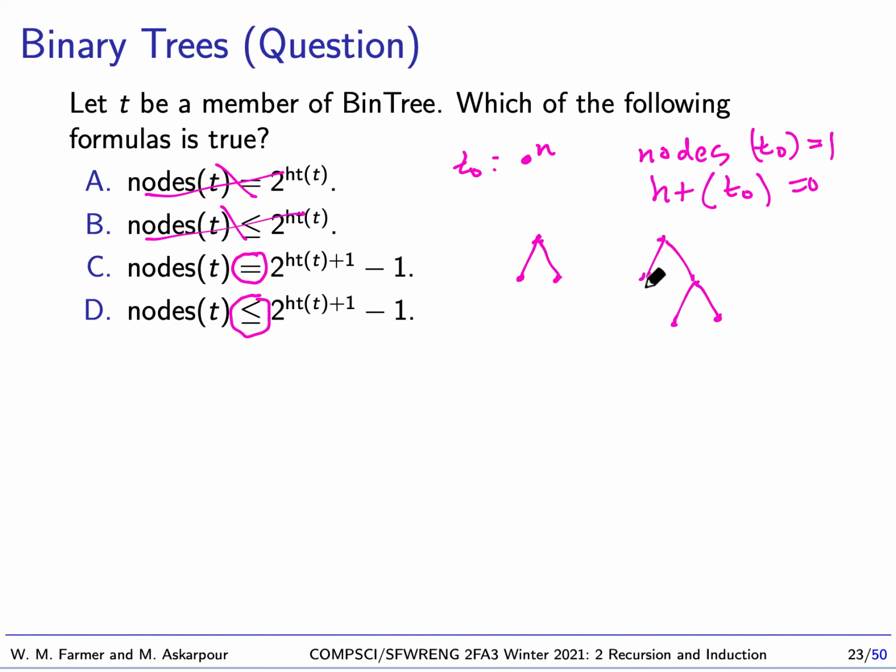The number of nodes, you can see, is 5. 5 does not equal 2 to the 2 plus 1, which is 2 to the 3, which is 8, minus 1 is 7. 5 does not equal 7, but 5 is less than or equal to 7. Okay, so the correct answer here is D.